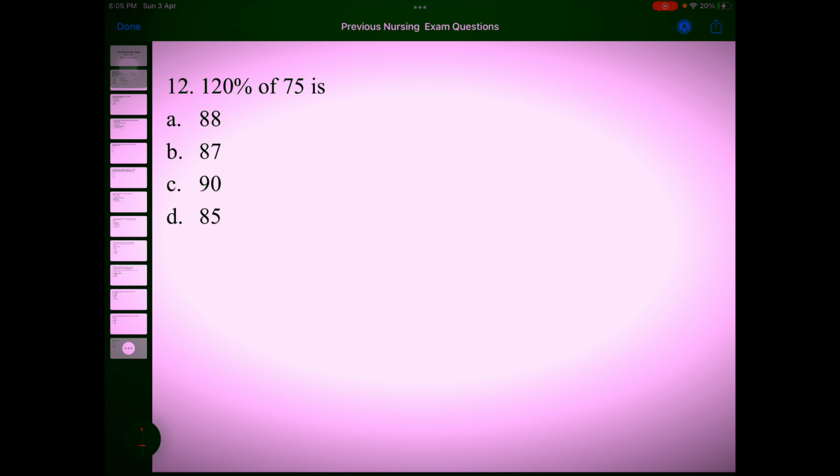Question number 12. 120% of 75 is: option A, 88, option B, 87, option C, 90, option D, 85. This is an easy question. We have to find how much 120% of 75 is. So 120% we can write as 120 by 100 multiplied by 75. The zeros get cancelled, and 12 we can divide by 2, leaving 6, and 10 divided by 2 leaves 5.